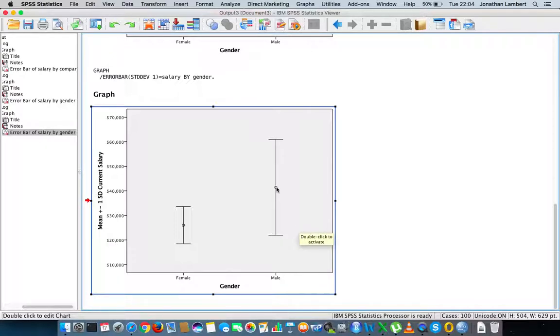The male average seems to be around $40,000. One standard deviation below seems to be around $21,000 or $22,000, and one standard deviation above seems to be around $61,000. With respect to the female distribution, one standard deviation below the mean seems to be just below $20,000, and one standard deviation above the mean seems to be between $30,000 and $40,000.